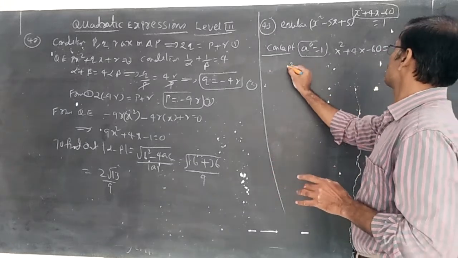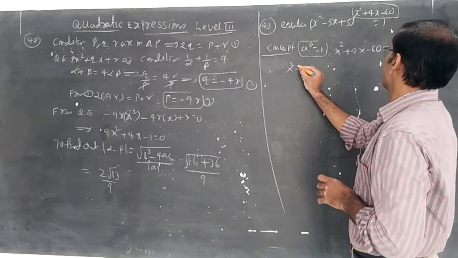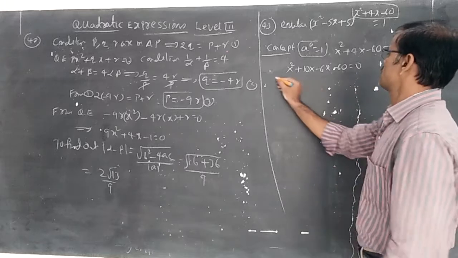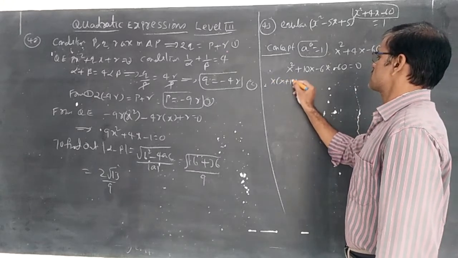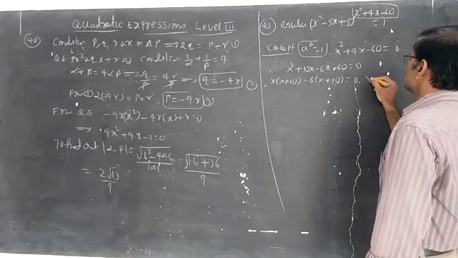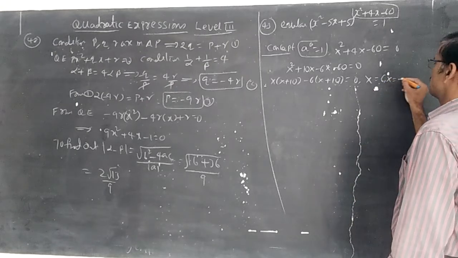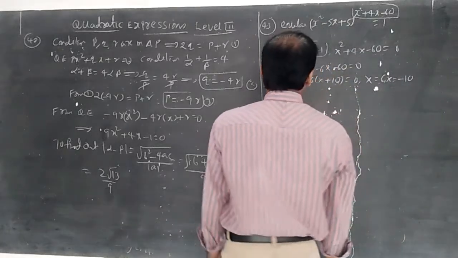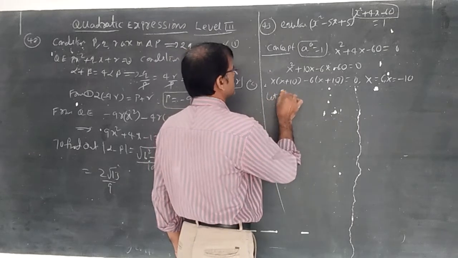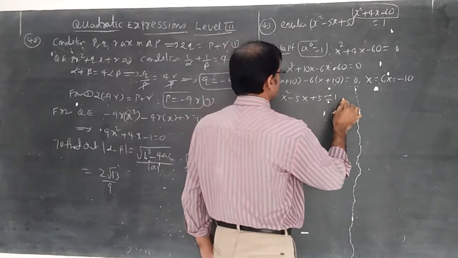Just wait, this should be even. X square plus 10x minus 6x minus 60 equal to 0. X taken common, x plus 10, minus 6 taken common, x plus 10 equal to 0. So x is equal to 6, x is equal to minus 10. Now let the base x square minus 5x plus 5 be equal to 1.